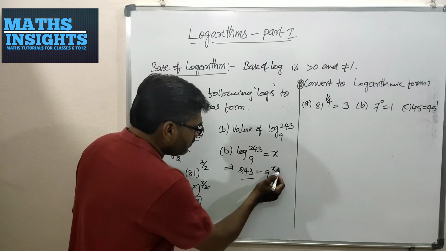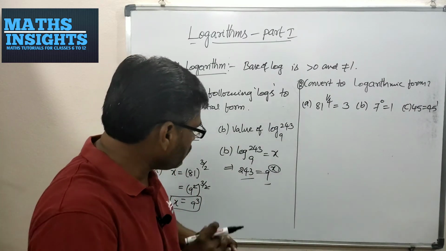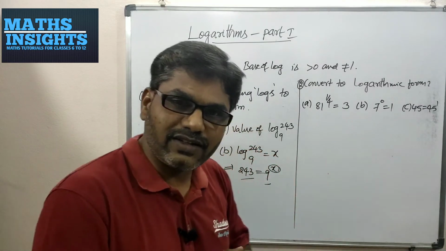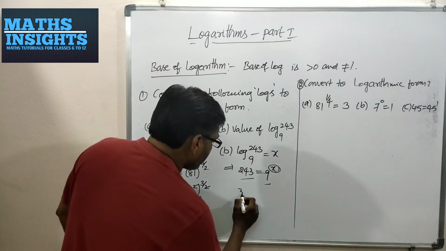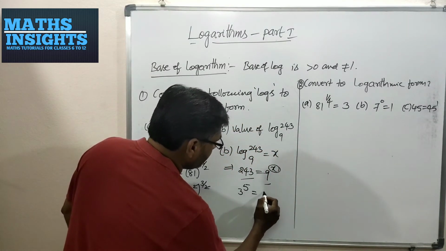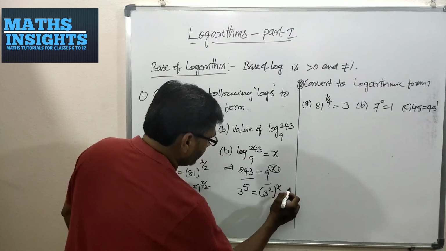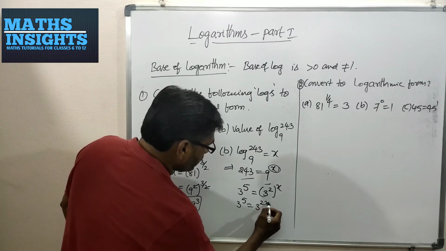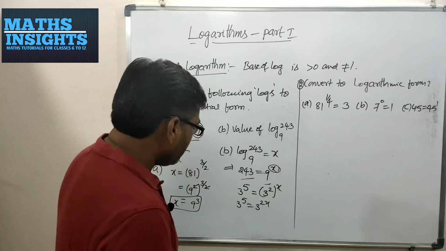To find the value of x, try to get the same bases on both sides of the equality. 243 can be written as 3 power 5 and similarly 9 is 3 square whole power x. 3 power 5 is equal to 3 power 2x, using a power m whole power n.